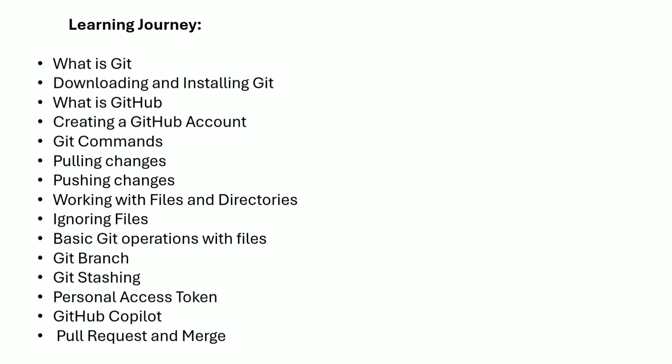Some of these concepts are collapsed into basic Git operations, like moving files, deleting files, copying files, folders, rename, and other operations. I collapsed them into this. So basically you're going to be learning a whole lot.